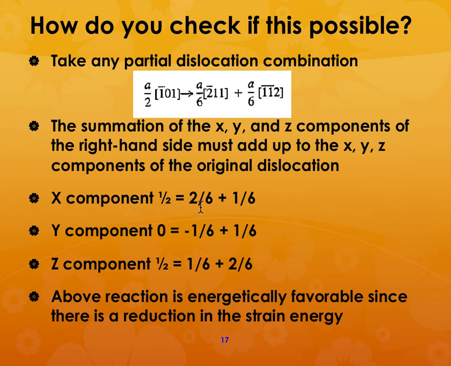So half is equal to 3 by 6, and in the y component, 0 is equal to 1 by 6 minus 1 by 6 plus 1 by 6, so that is equal to 0. And in the case of z, 1 by 2 is equal to 1 by 6 plus 2 by 6.